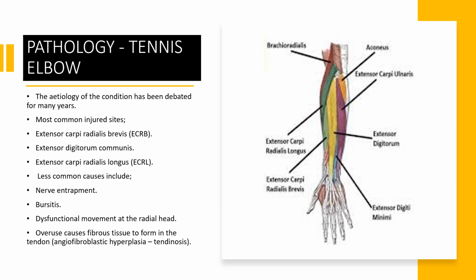Less common causes include nerve entrapment, so it could be the radial, the ulnar, or even the median nerve. Bursitis, a dysfunctional movement at the radial head, is actually quite common in my experience. But all of these conditions ultimately cause overuse and the development of fibrous tissue around the common tendon.